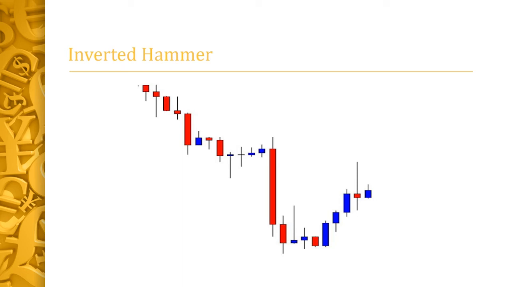The inverted hammer is also a reversal signal that we can use when we have it at the right place. And for me, the inverted hammer is also like the hanging man. It needs some confirmation. We don't have the whole chart here, but it is a chart that we can look at and talk about this situation.